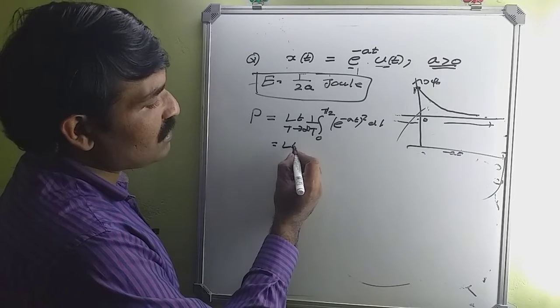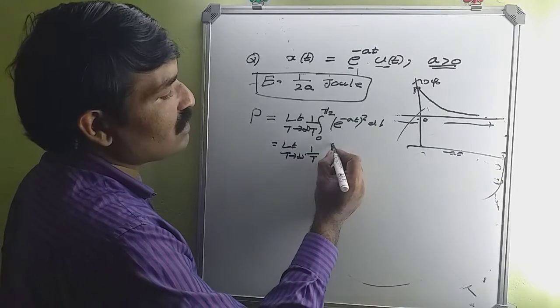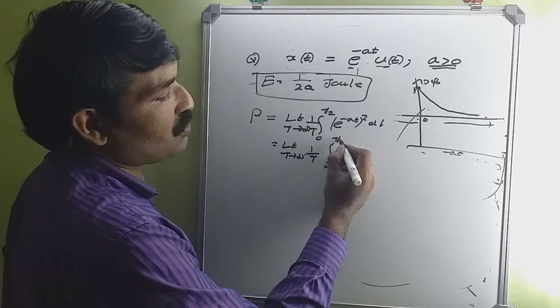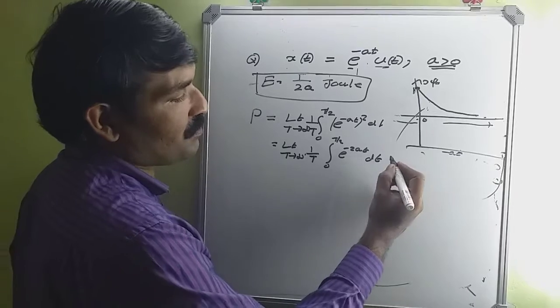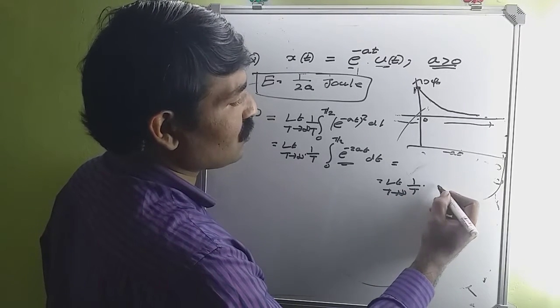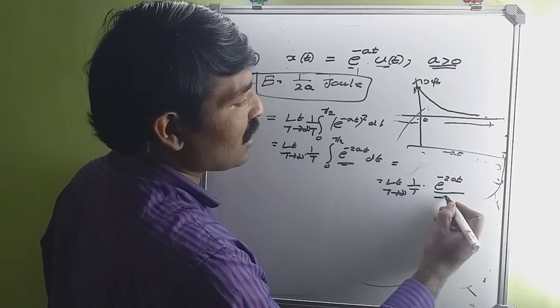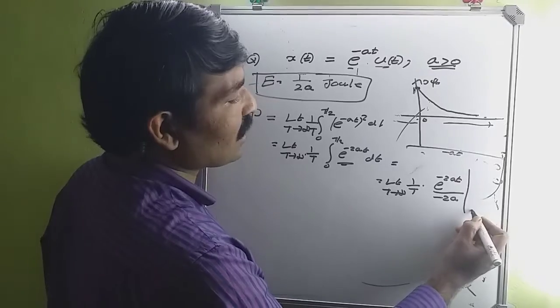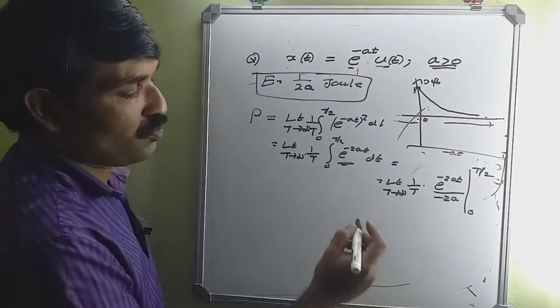That is limit t tends to infinity 1 by t into integral 0 to t by 2 e raised to minus 2at dt, which is 1 by t into e raised to minus 2at divided by minus 2a. Apply the limits of integration 0 to t by 2.